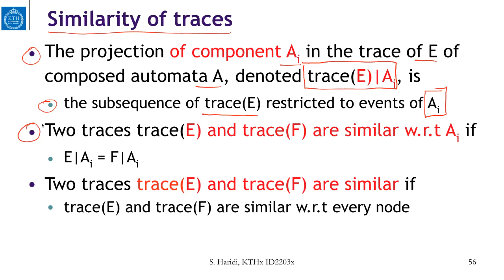And two traces are similar with respect to a component automata AI if we restrict the first trace to AI and we restrict the second trace to AI, we see that these two are the same, are equal. And two traces are similar or indistinguishable if the traces are similar with respect to each process or each node.